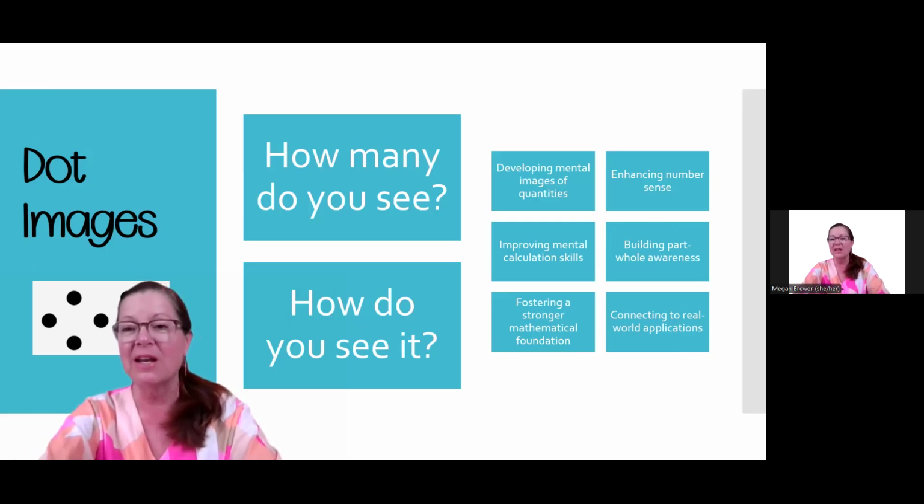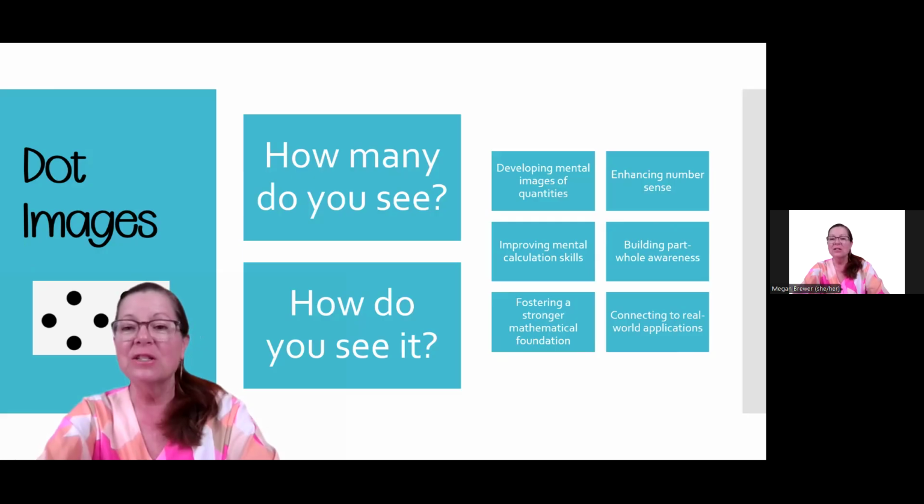We want to provide those kind of experiences for our kindergartners so they know what the quantity of 3 looks like: 4, 5, 2. Students learn to recognize groups of dots as units, which supports their understanding of place value and later multiplicative thinking.